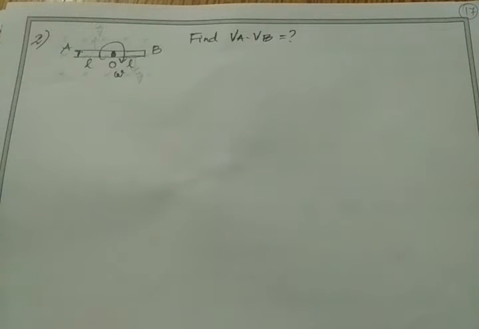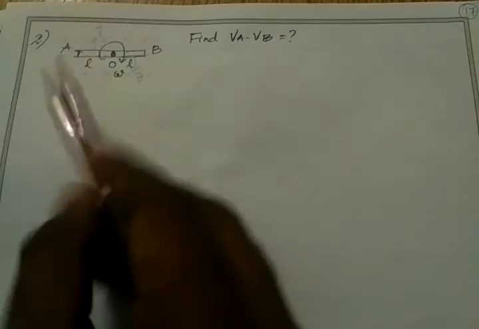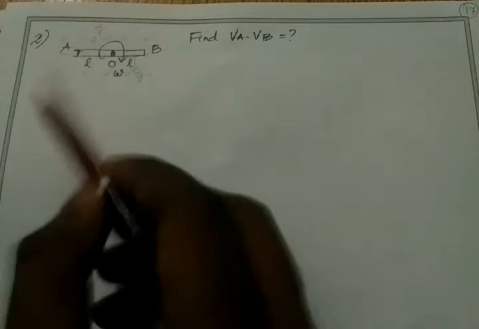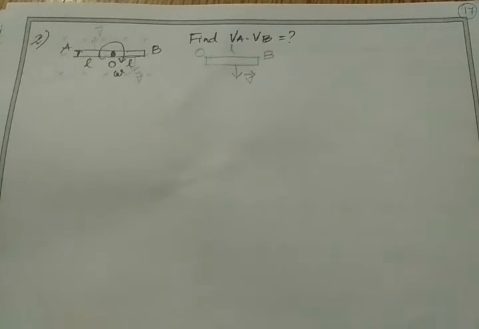correct? Here we have to find VA minus VB. So I take O to B first. O to B moves with downwards velocity and length is L. So where is the positive terminal? By using the right hand rule, four fingers in the direction of velocity.